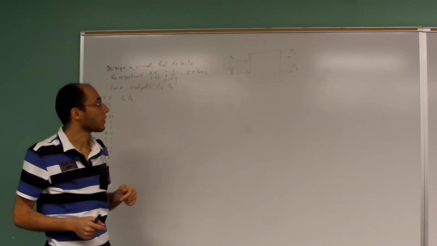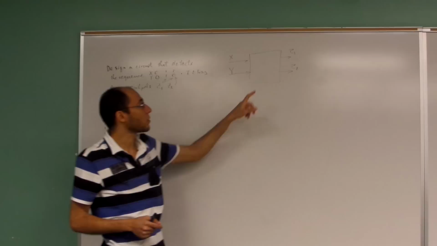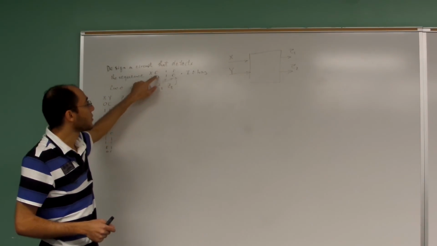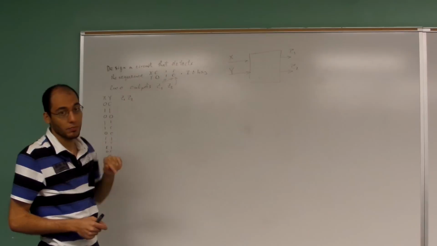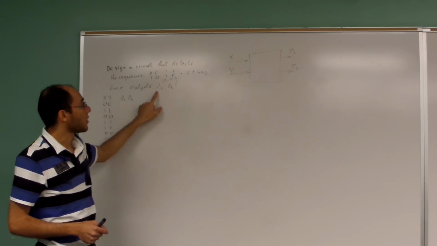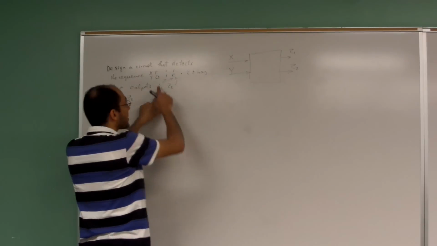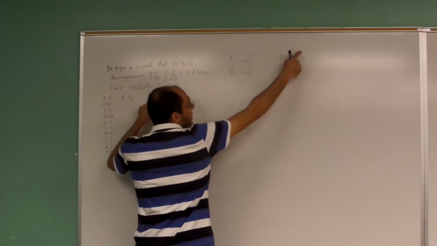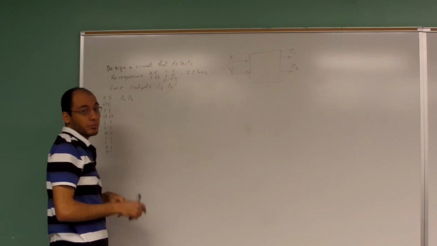What is required is to design a machine that detects the sequence 00 11 00. Once it detects 00 followed by 11, it outputs Z1 equals 1.